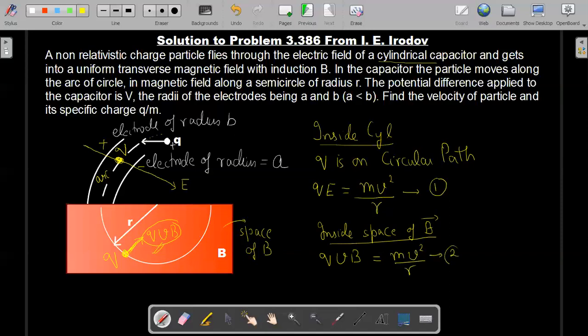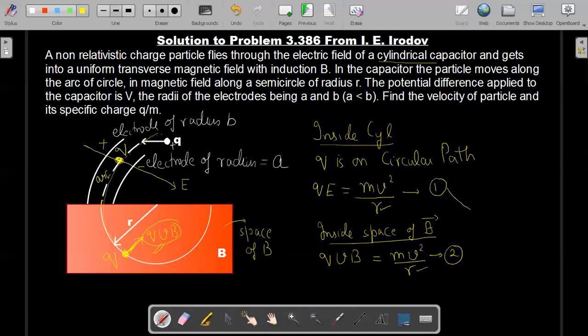Notice that the term r is common in both equations, and the reason behind that is the particle continues on the same trajectory on which it was inside the cylinder. The trajectory on which the particle was inside the cylinder, the same trajectory continues in the magnetic field, and therefore the radius of both the trajectories is identical.